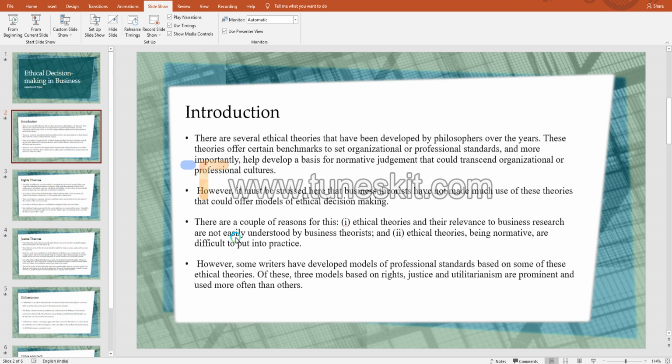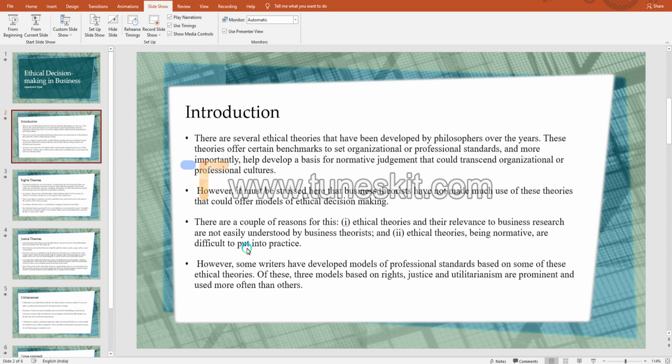So this is the introductory part of this topic, ethical decision making in business. These are the points you should keep in mind. The first point is that ethical decision making in business dates back to some philosophical foundations. The second point is that one should know all these philosophical foundations to be aware of different business strategies.